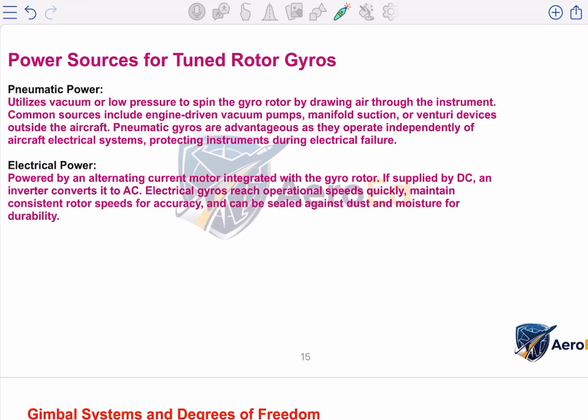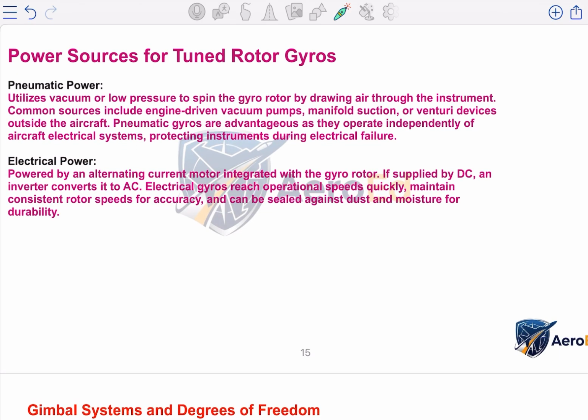Next is electrical power, powered by an alternating current motor integrated with the gyro rotor. If supplied by direct current, an inverter converts it into alternating current. Electrical gyros reach operational speeds quickly, maintain consistent rotor speeds for accuracy, and can be sealed against dust and moisture for durability.